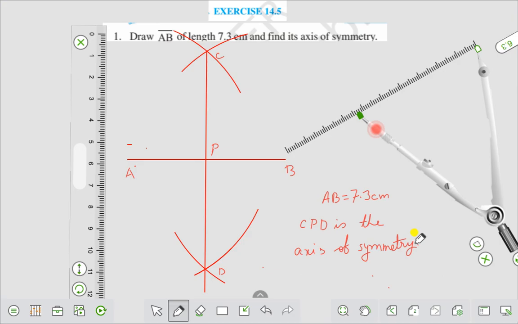This is the axis of symmetry. Therefore, you have drawn a line AB and bisected this line AB with the help of ruler and compass, right? And you're getting the line CPD. Therefore, you can say that CPD is the axis of symmetry, right?